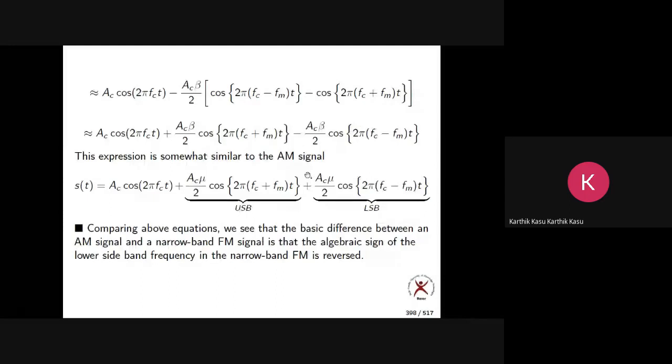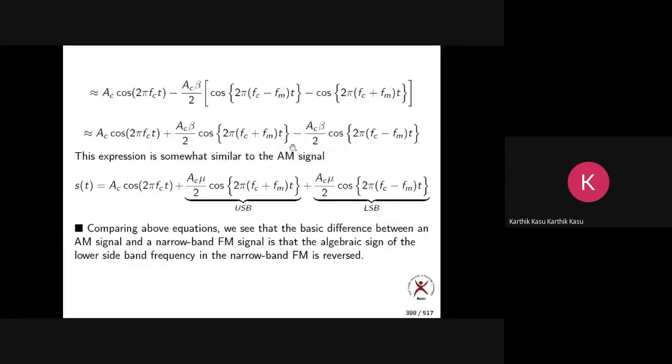What is reversed? The sign of the lower sideband is reversed. Here it is plus, here it is minus. So in an actual AM signal, the sign of the lower sideband is plus, but in the case of narrowband FM, the sign of the lower sideband is minus. Okay.